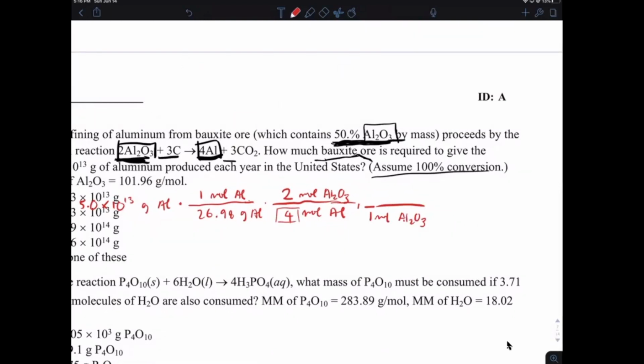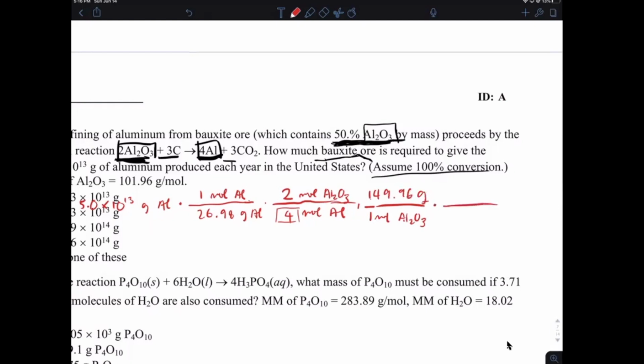Let's see, I think it's around, let me calculate it. Okay, I think it's around 149.96 grams. You can correct me if I'm wrong.